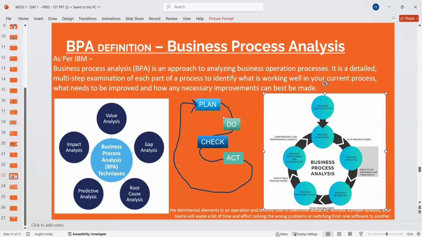It is a detailed multi-step examination of each part of a process to identify what is working well in your current process, what needs to be improved, and how any necessary improvement can best be made. So we understood that it is understanding of each and every process in detail.